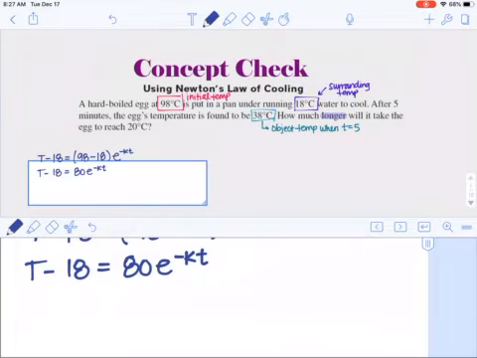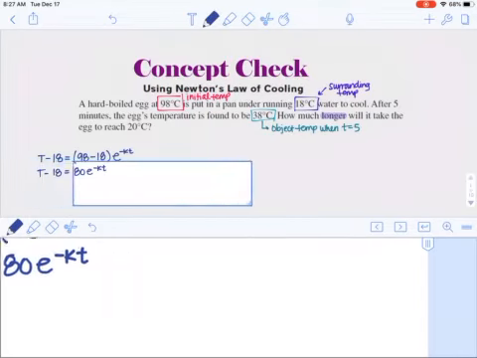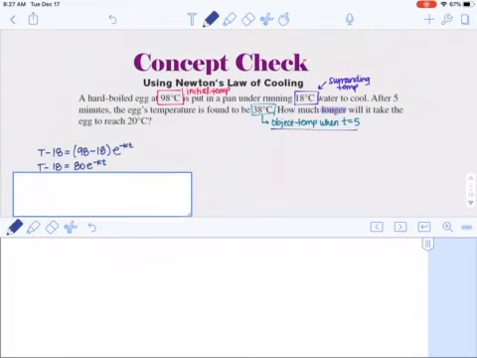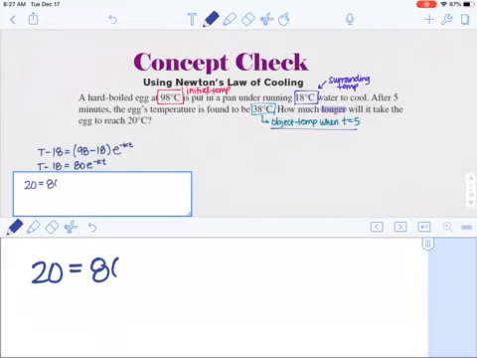And so I can use this ordered pair up here, right? The object temp when t equals 5. So if I put 38 in, 38 minus 18 is 20, equals 80 e to the negative k times 5.